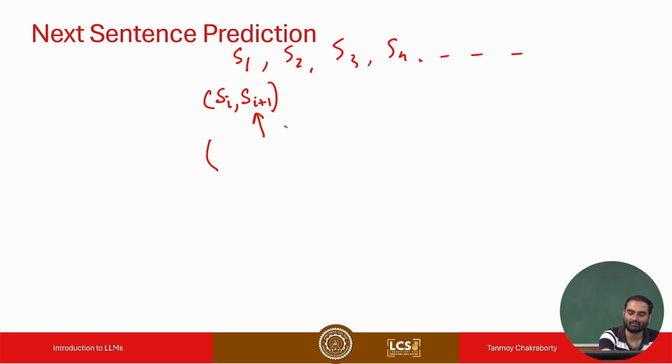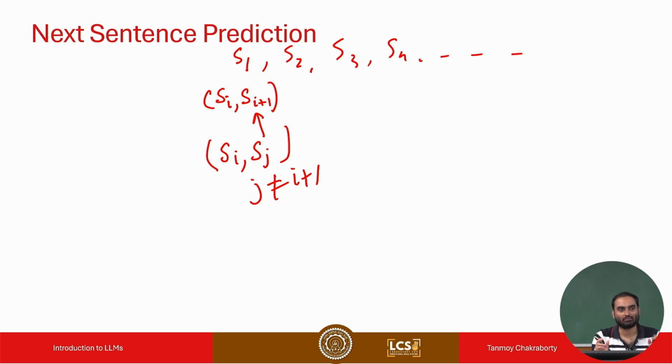I also identify pairs of sentences S_i, S_j, where j is not i+1, so S_j doesn't follow S_i. So we have 50% of pairs which are true cases, and the remaining 50% of pairs which are negative samples.